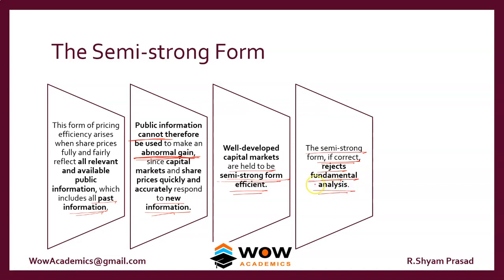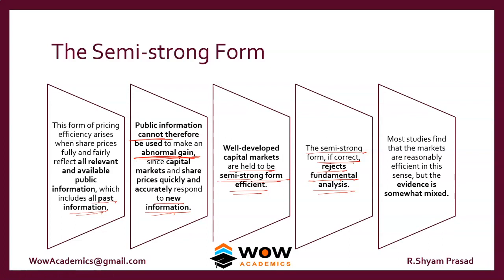So doing fundamental analysis and trying to find the exact price or the intrinsic value of the company is just a waste of time, because there are so many people doing the analysis and you are just one among them, and everyone possesses the same kind of knowledge, and that knowledge you cannot use as an edge to make money in the stock market.